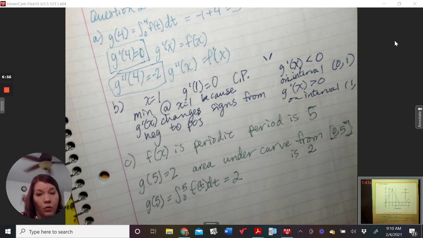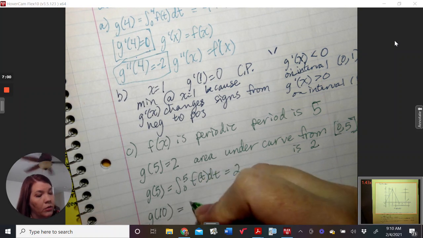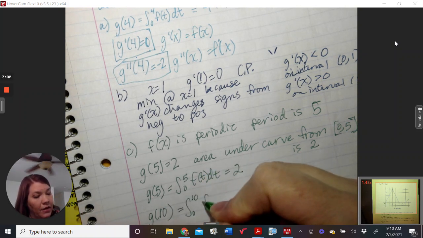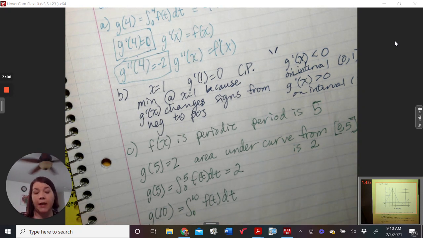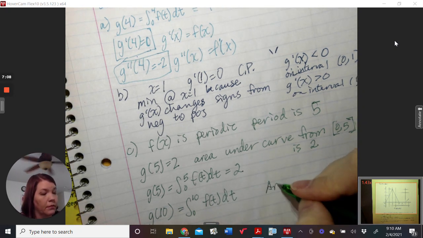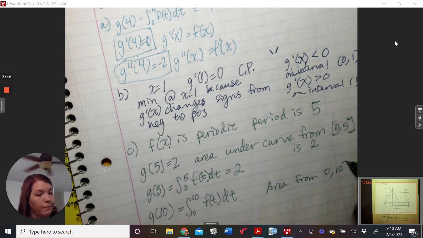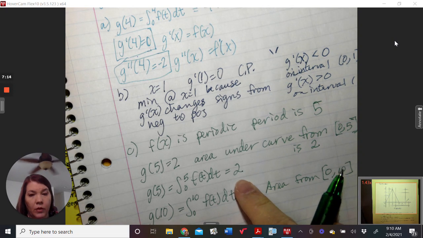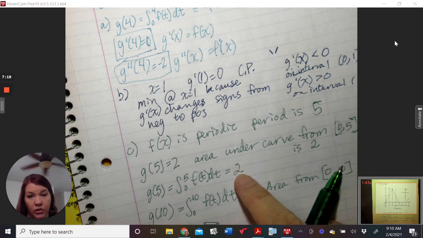So we're asking for g of 10, which will be equal to the integral from 0 to 10 of f of t dt. Or in other words, we're asking for the area from 0 to 10. Which is repeating, so it's 4, because there's 2 of those.